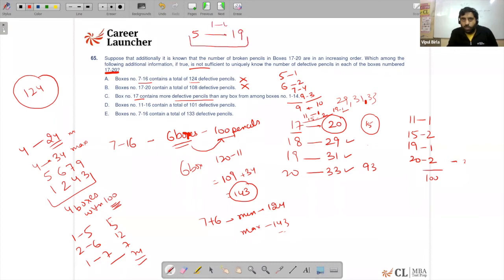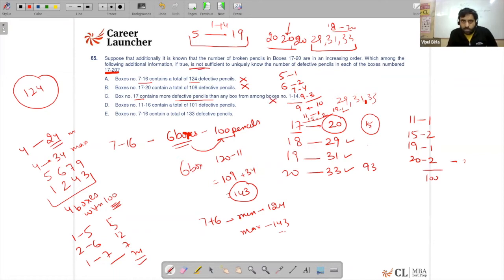Boxes 1 to 14 are consumed in that. What we are left with is 20, 20, 20, 29, 31 and 33, which are already for boxes 17 to 20. In this, it is 18 to 20 because they are in increasing order. So the only possibility left for box number 17 is 20.